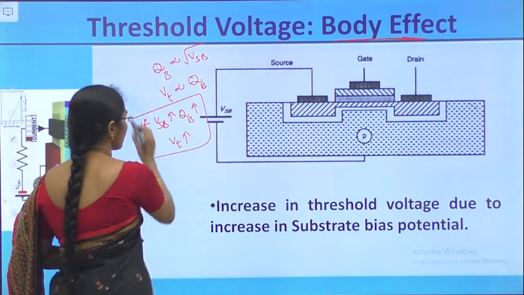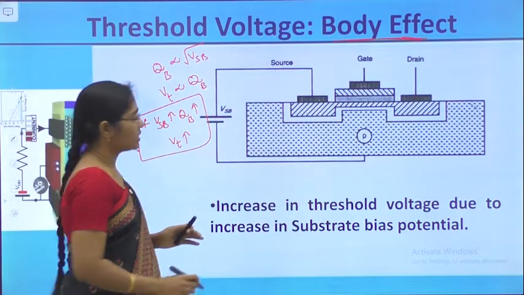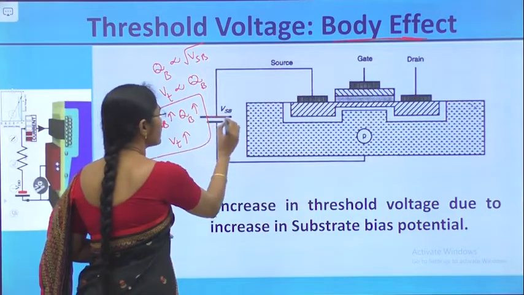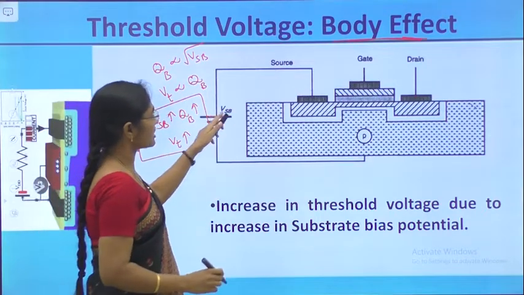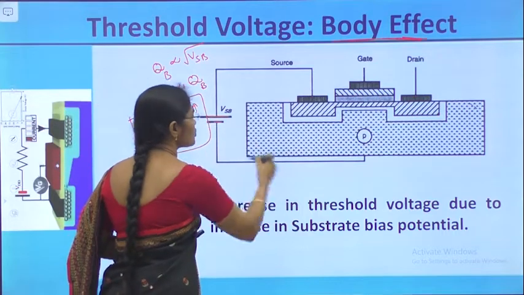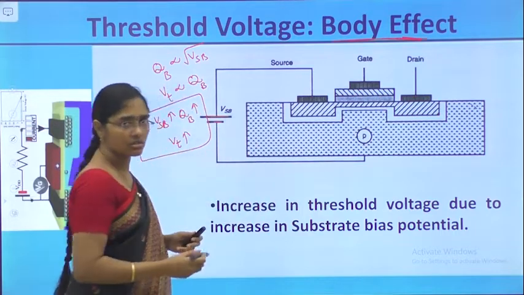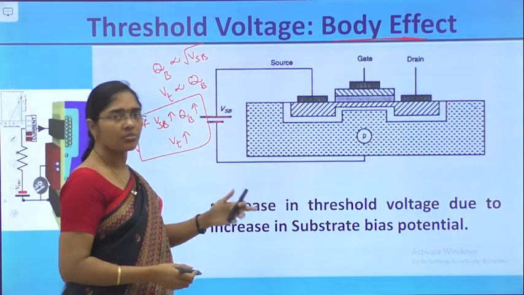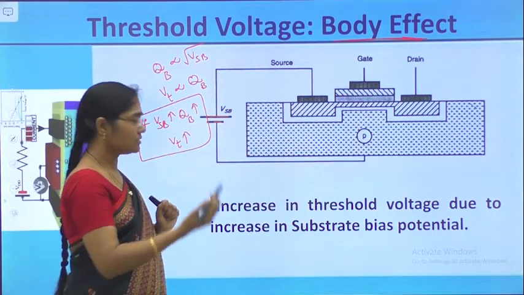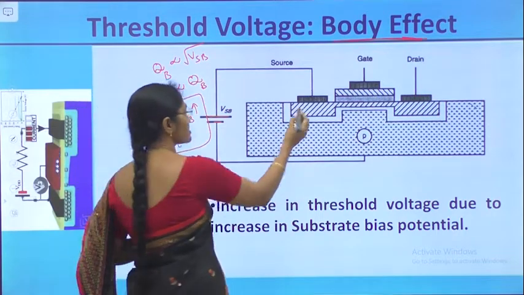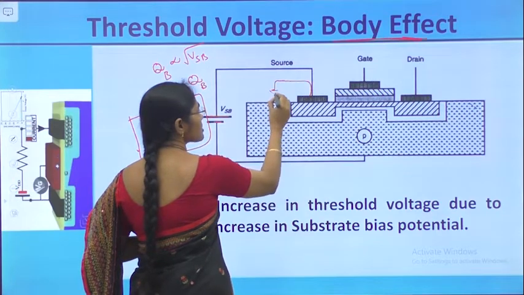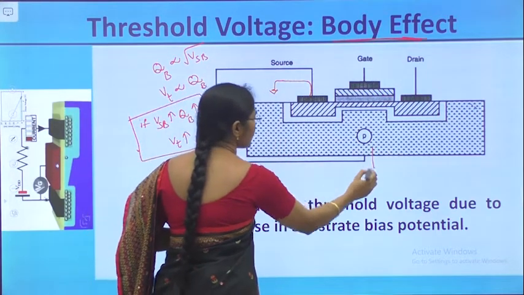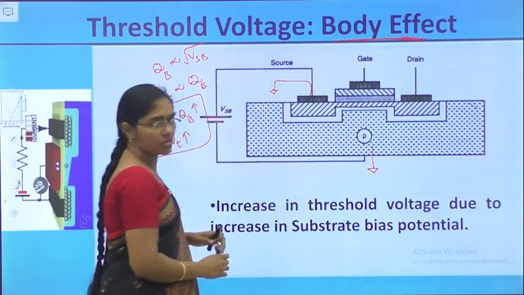This effect is called body effect, where VSB is nothing but the substrate bias potential, that is the source to bulk potential. Already we have seen in the operation of the MOS transistor, while starting the operation, the source has to be connected to ground and the bulk is also connected to the ground.